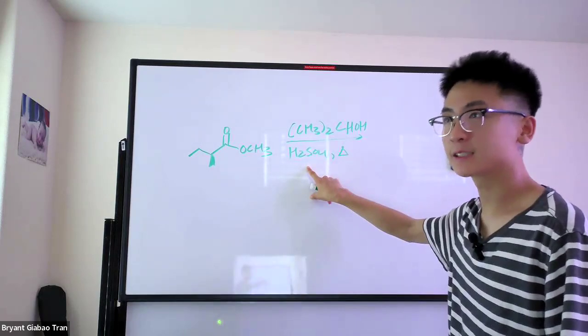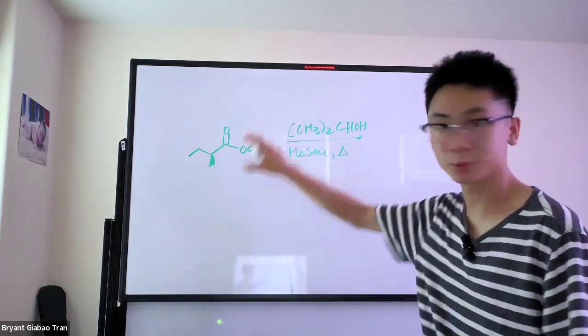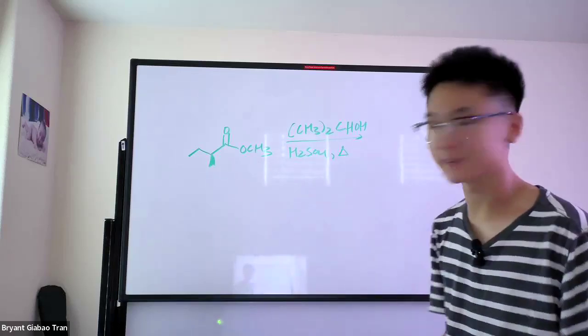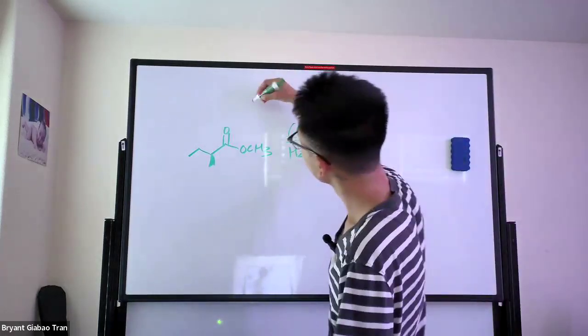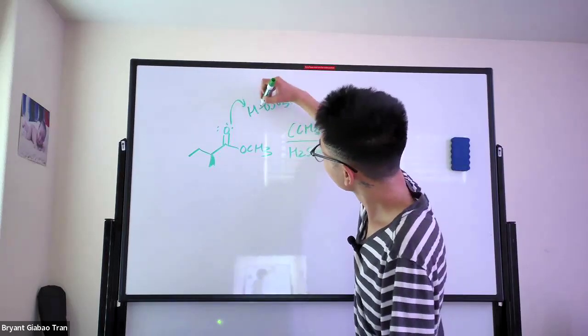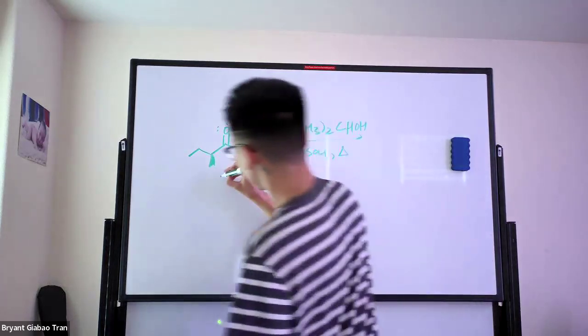So acid-base reaction is going to happen first because it's one of the fastest reactions in OChem. So what's going to get protonated here? What's the most basic atom in this starting material? You said the carbonyl oxygen is the most basic for derivatives. Right. For derivatives, that's the most basic atom. So that's the one that's going to get protonated first.